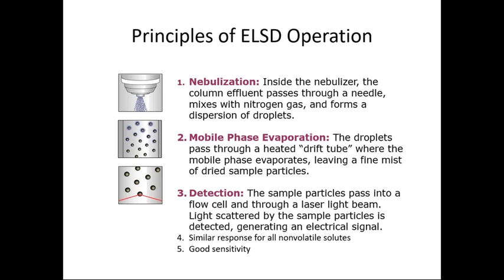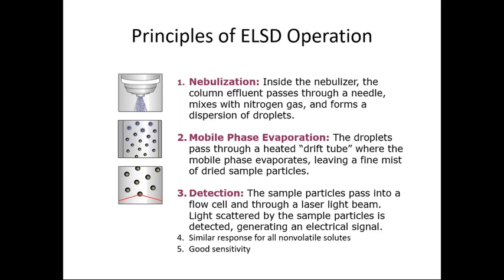An electrochemical detector can be used only if the analyte has a charge. But if any analyte has none of these properties, which detector do we use? Those detectors are called universal detectors. And among the universal detectors that are used in HPLC are the refractive index or the RI detector and the evaporative light scattering detector. The mass spectrometer also is a universal detector, as every analyte has got a different mass.